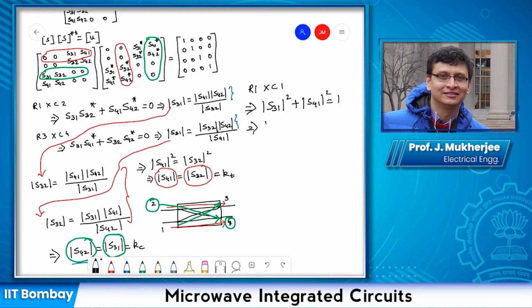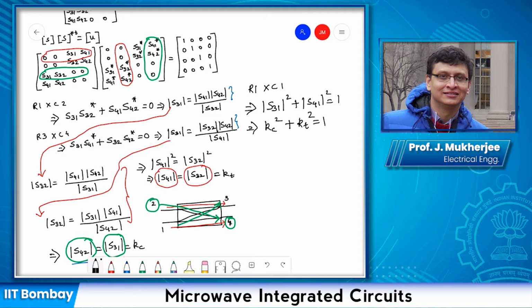S31 magnitude is Kc and S41 magnitude is Kt, so Kc squared plus Kt squared, the sum of the squares, is equal to 1.